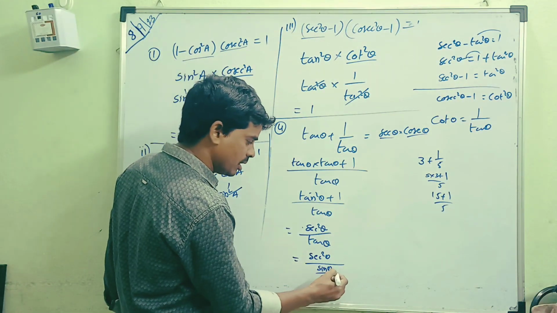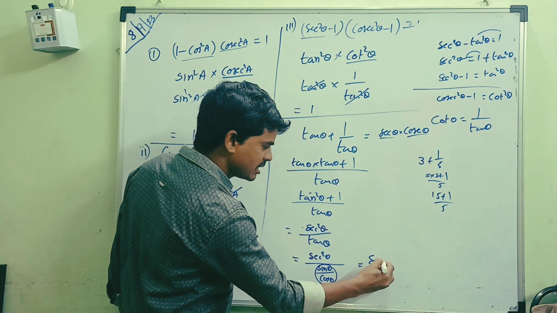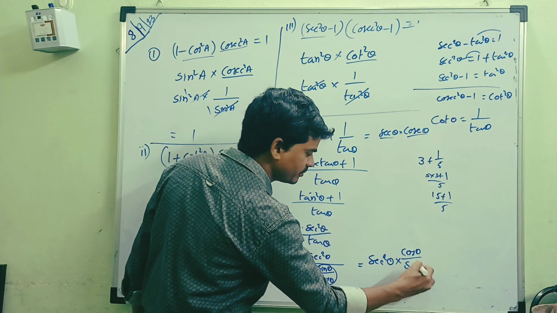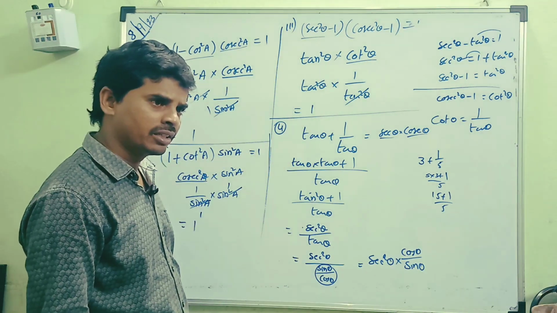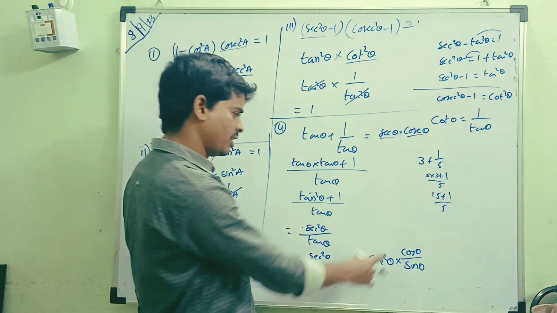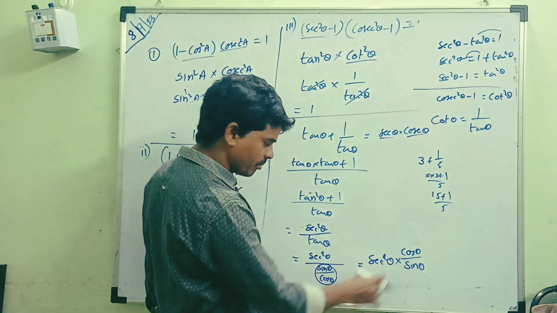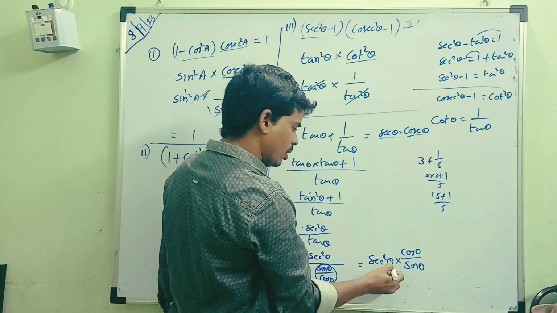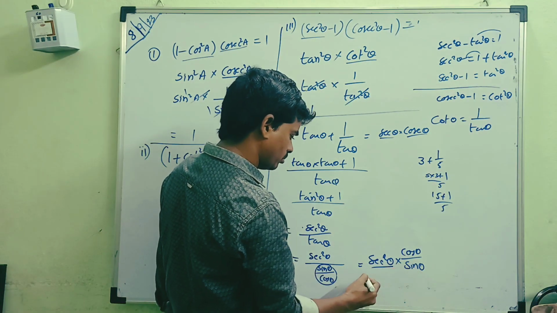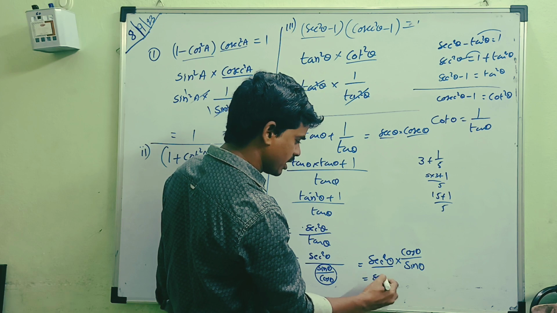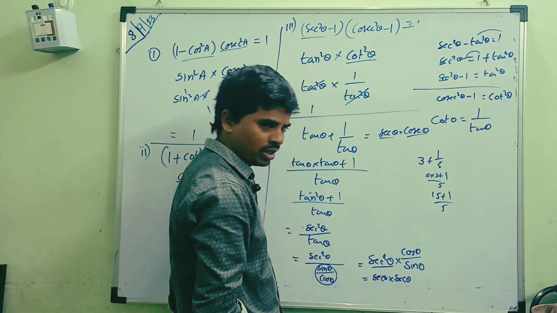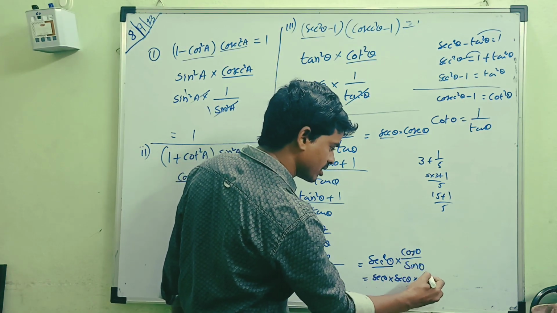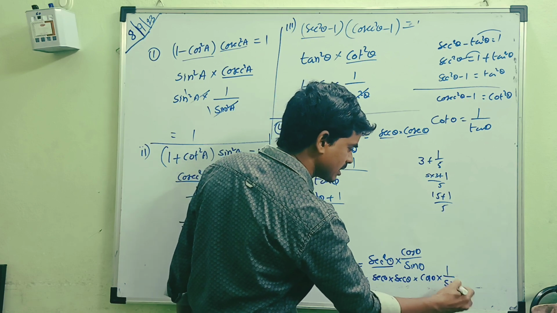Now let us see how we change this fraction. Secant square theta divided by sin by cos, we can write as cos theta by sin theta. It becomes the reciprocal with multiplication: the denominator we can write in the numerator with multiplication. Secant square theta we can write as secant theta into secant theta, and cos by sin we can write as cos theta into 1 by sin theta.